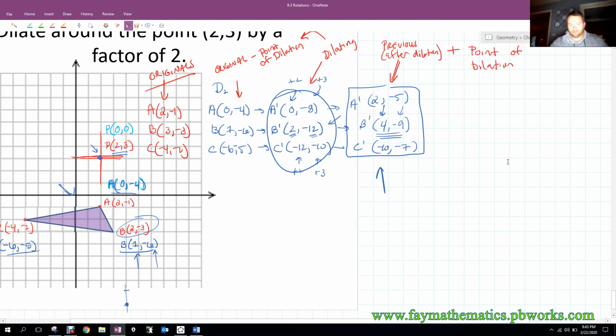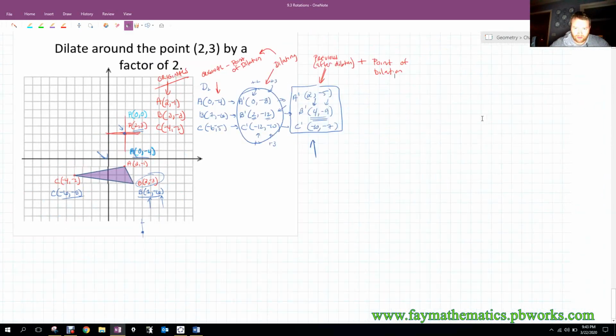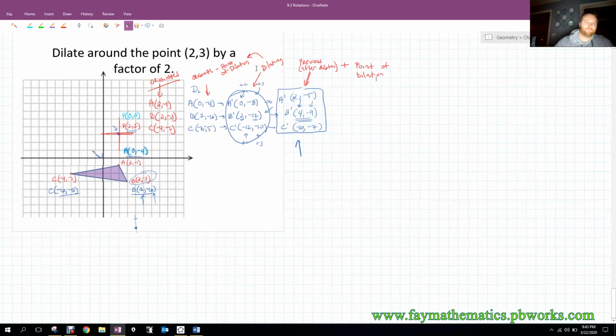So let's do a practice one with that process. I'm going to write again our original. This column will be the original minus the point of dilation.